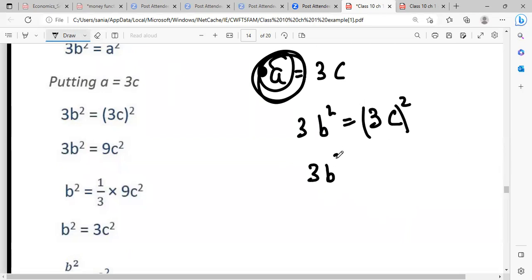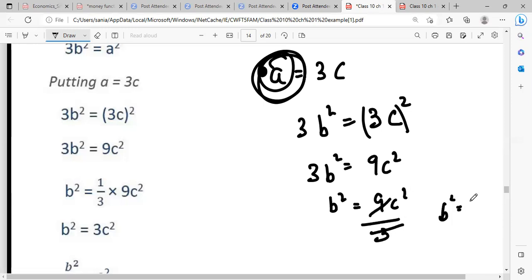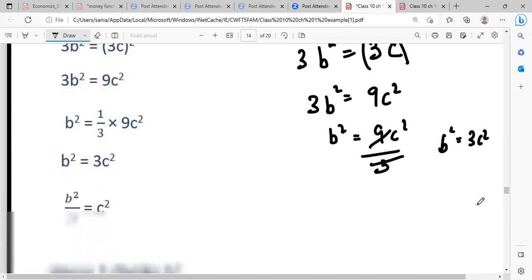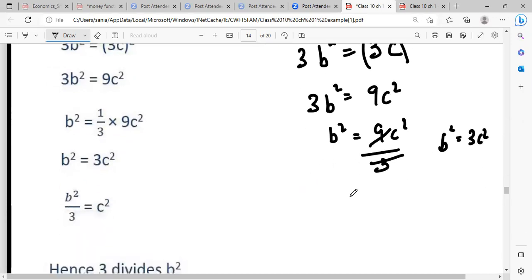So 3B square equals 3 whole square, which is 9C square, right? Yes, ma'am. And then 9C square divided by 3. So it is B square equals 3C square, right? Now this 3 will come here. It will be B square divided by 3 equals C square, right?